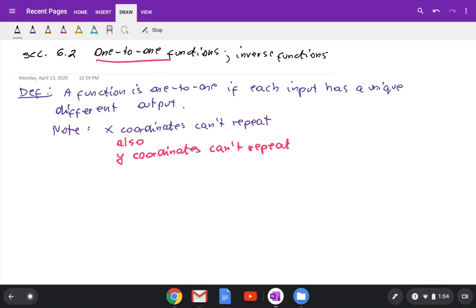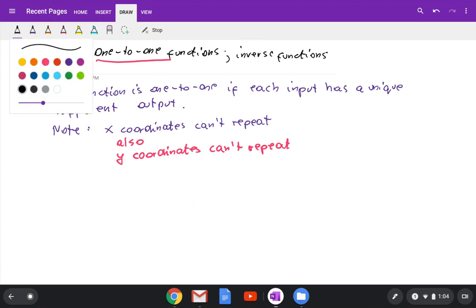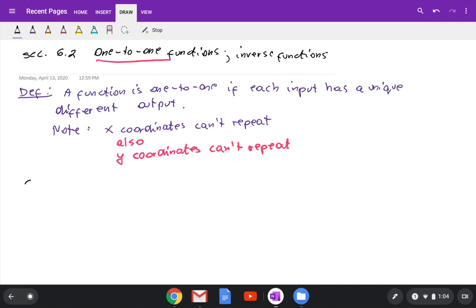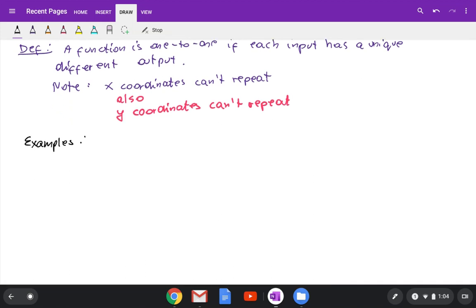Okay, so again, remember that a function means x coordinates can't repeat, but now we're adding that we're dealing with a one-to-one function, so y coordinates can't repeat either. So let me give you examples using graphs.